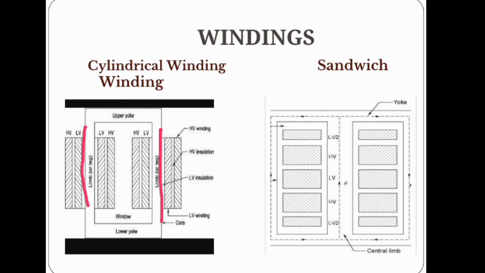Core type and shell type transformers are both very important; in the next slide we will see what a core type and a shell type transformer are. So in the core type transformer we use cylindrical winding, which means the total winding is divided into two parts and distributed on two separate limbs.